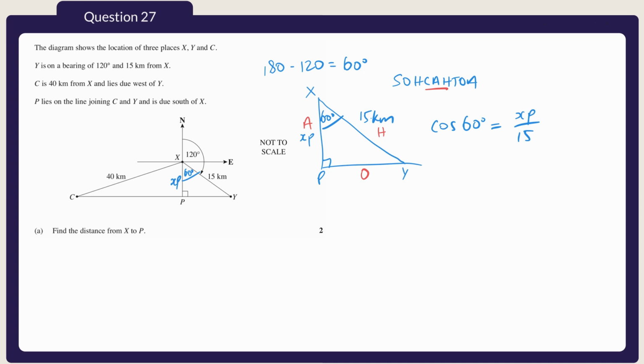I want to isolate XP on the right hand side, so I'm going to move the 15 to the other side of the equation, and to do that I need to do the inverse operation, which is to multiply by 15. So now I can state that XP is going to equal 15 multiplied by cos 60, which will equal 7.5 kilometers.